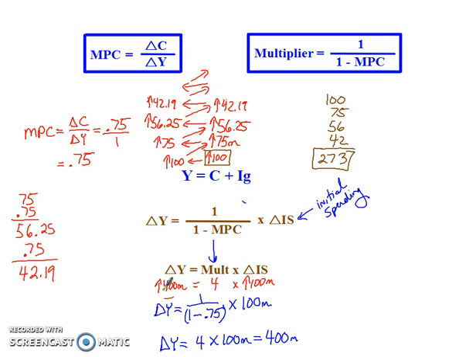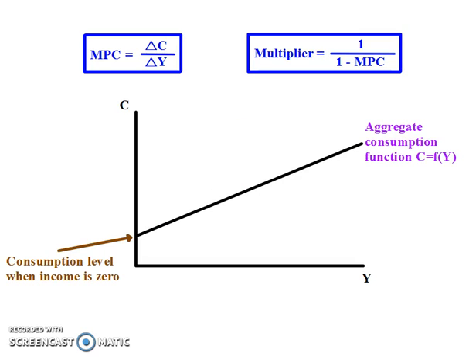And so what we found was that the change in initial spending would lead to a much bigger change in the income or the gross domestic product. And so what this really means is that, well, before we get into what this really means, let's draw a picture of what this looks like.